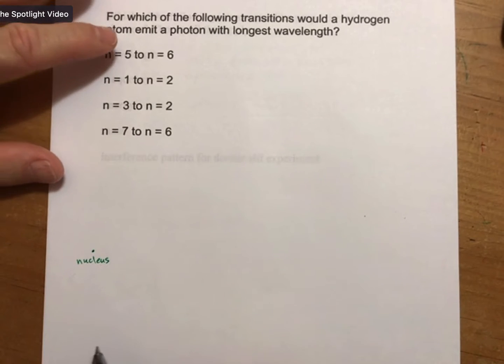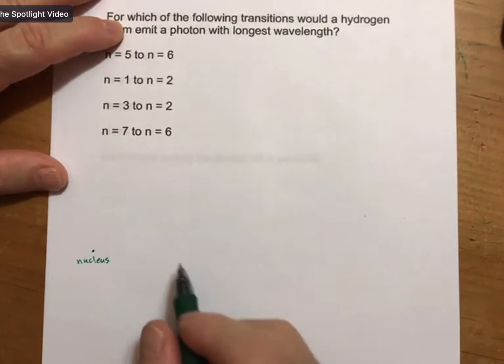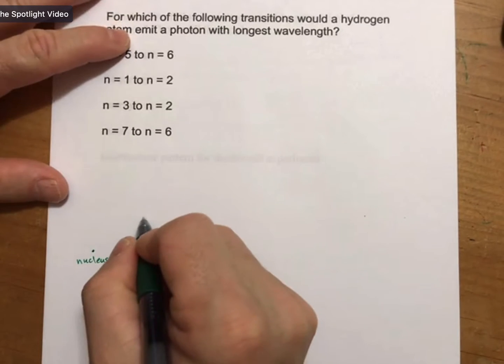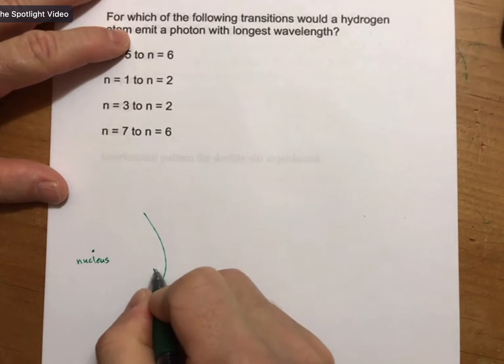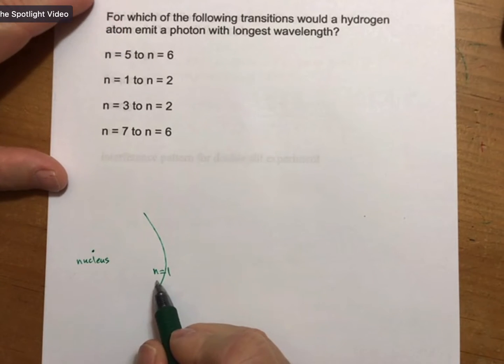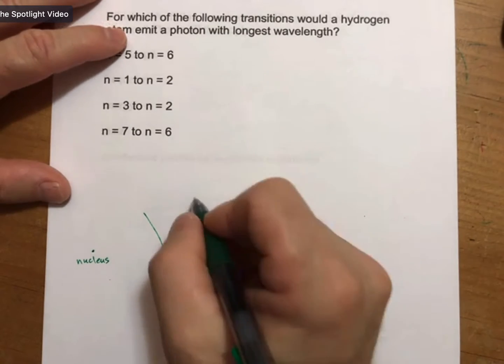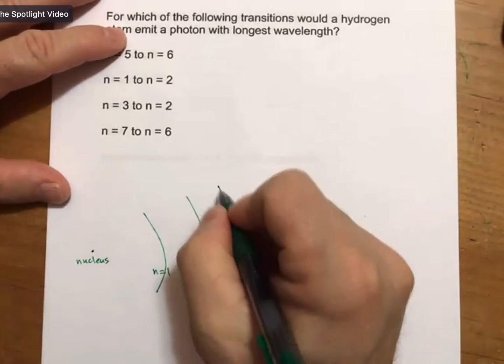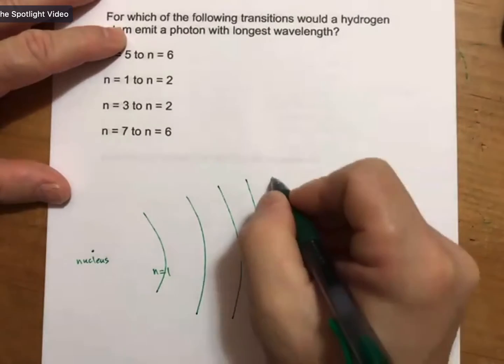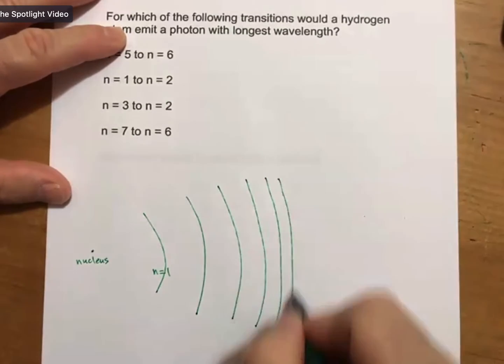And from the nucleus, I'll only draw them as sort of partial circles here, we have what's called the n equals 1 energy level. Then we have the n equals 2, n equals 3, n equals 4, n equals 5, n equals 6.